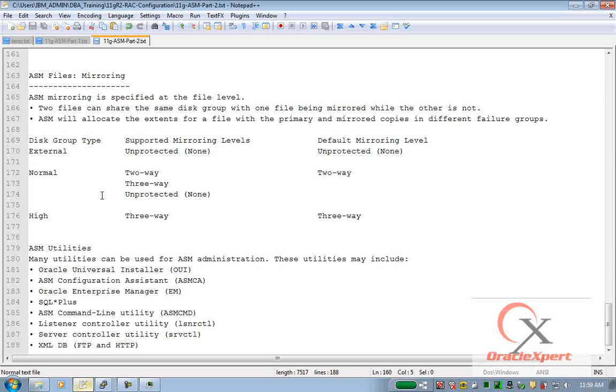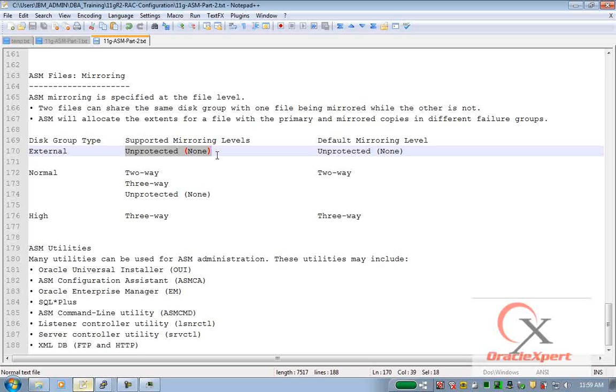Next is understanding about the redundancy. We said for a disk group you can select any of the three redundancy styles: external, normal and high. For external redundancy, the supported mirroring level is unprotected, because the disk group itself is unprotected.